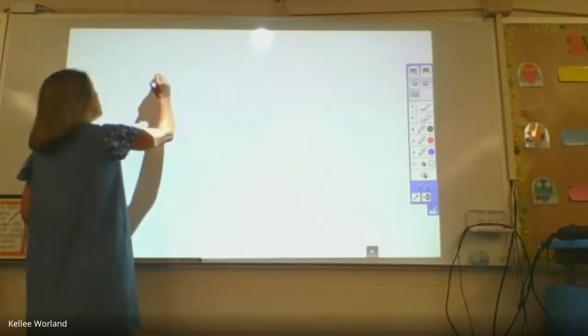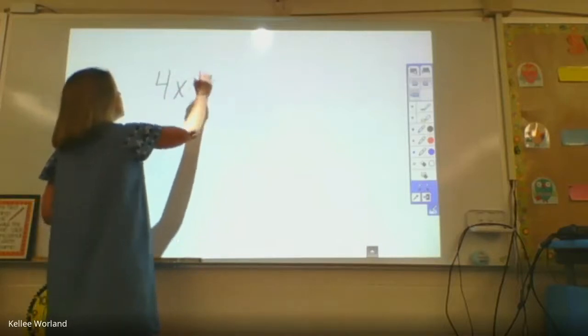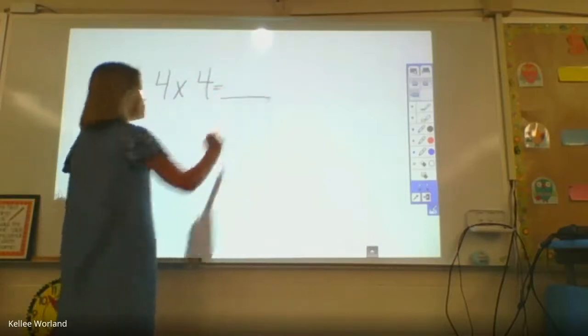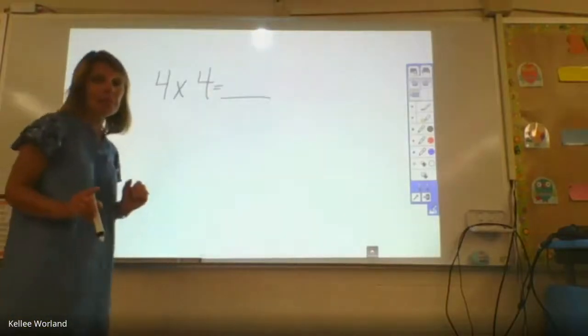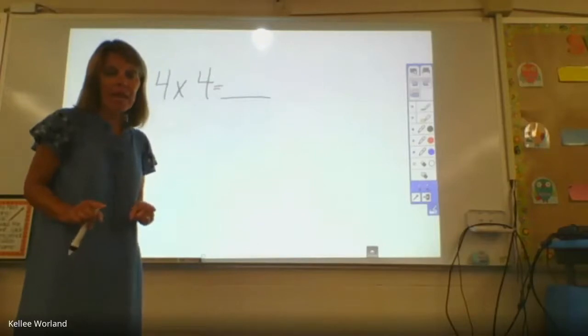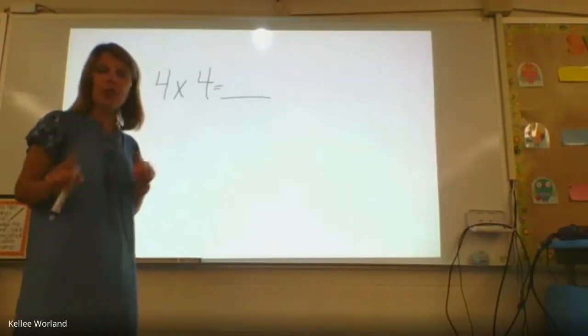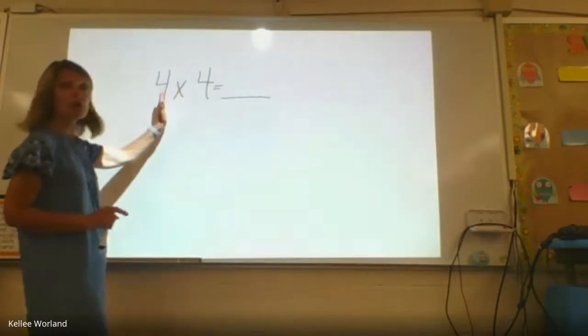Let's do 4 times 4. Okay, put your pause button on because I know you can do this. Remember what you need to think about for each number. I have a 4.